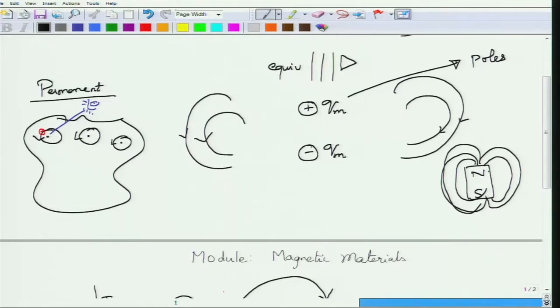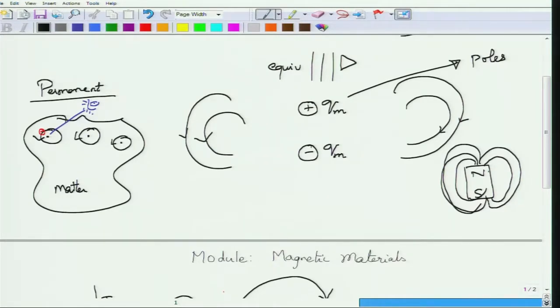Of course, to contribute to an overall magnetic field, you would expect that these tiny current loops must be aligned in some way. Only when they are aligned will there be a net magnetic moment. If they are completely randomly oriented, the magnetic moment of each of these current loops is randomly oriented, and then there will not be any net magnetic field.